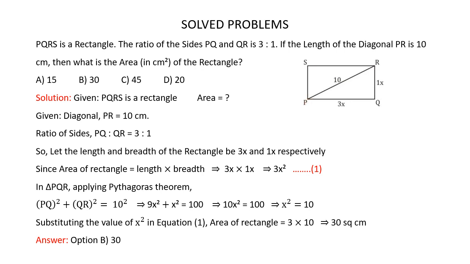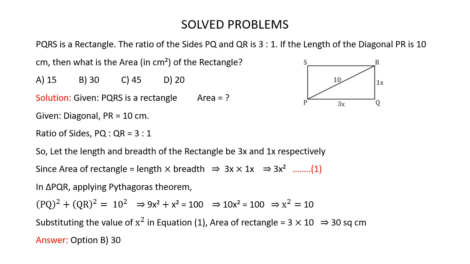Now in this rectangle, PQ is the length, QR is the breadth and PR is the diagonal of the rectangle. It's given that the diagonal PR is 10 centimeters. It's also given that PQ is to QR is 3:1, which means if PQ is 3x, then QR would be x.